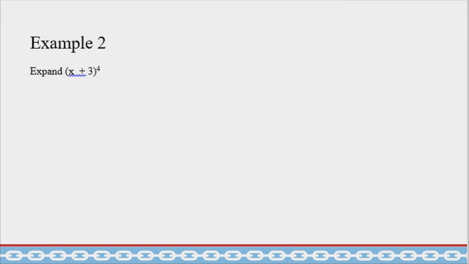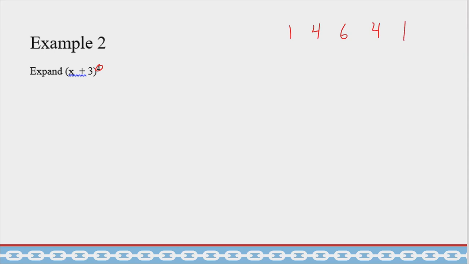So looking at example 2, x plus 3 all to the 4th power. This can be done with the binomial theorem. Because I have this exponent here of 4, I know I am going to be in the 4th row of Pascal's triangle.